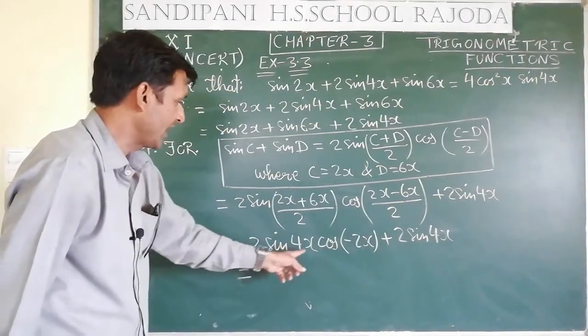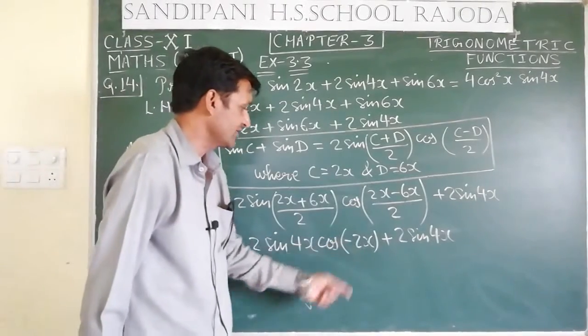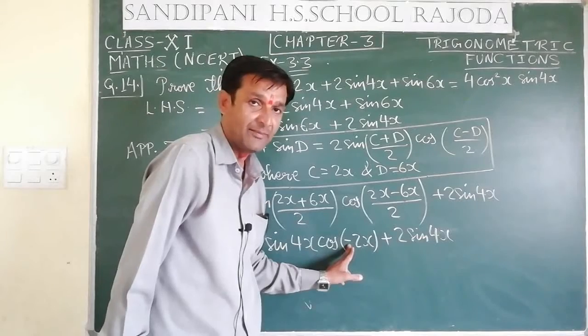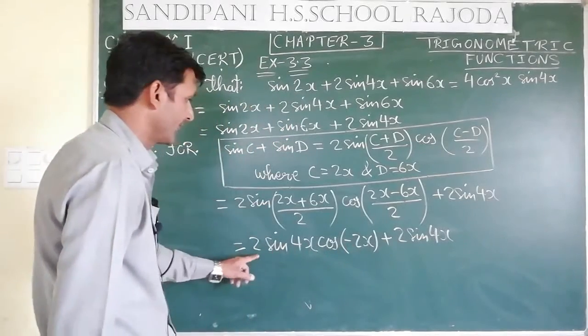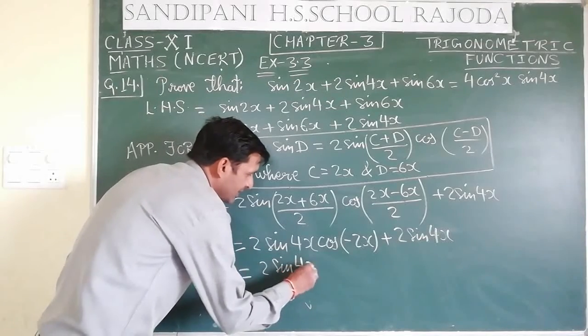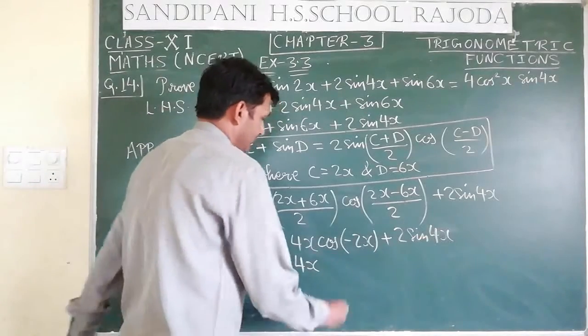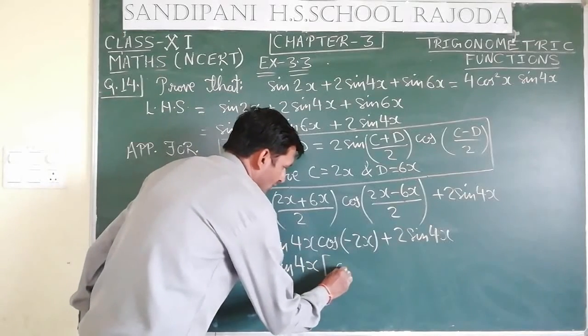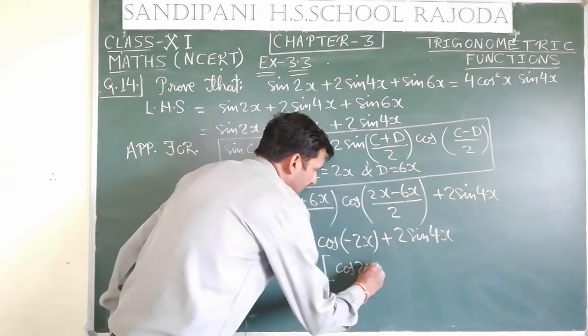Now 2 sin 4x, cos minus theta is cos theta. So this minus sign will be eliminated. Now I am taking here 2 sin 4x common, because it is common term in both parts. It will be cos 2x plus 1.